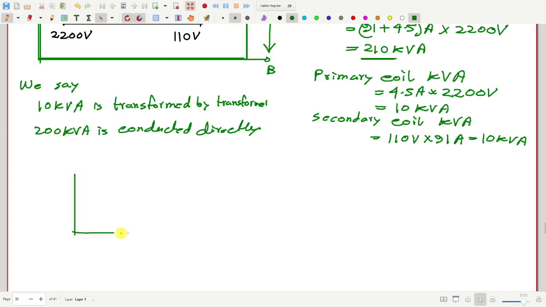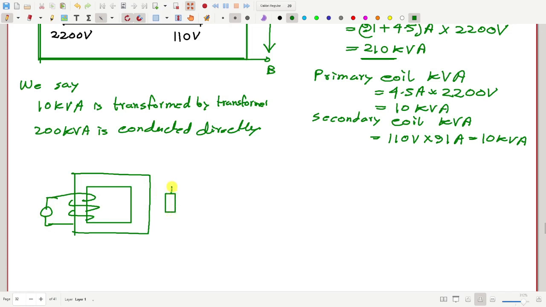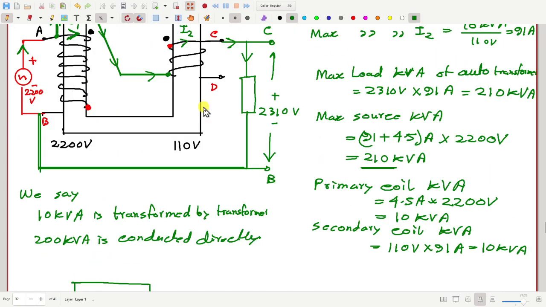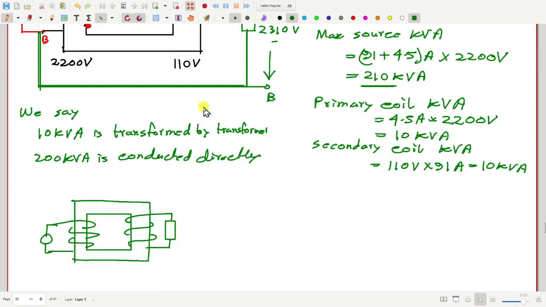If I draw a two-winding transformer, the source and the load are completely isolated. There is no direct connection, but here there is a direct connection. So there is the possibility of direct conduction of kVA.